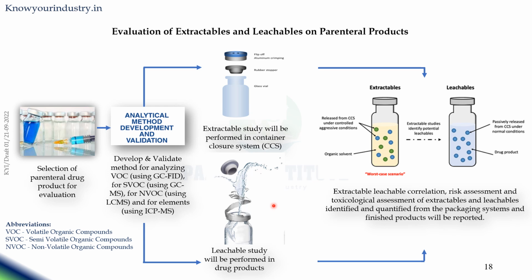This stored finished product, with the age of 6 months, 12 months or 18 months, will be used for the leachable study by using the same analytical method with the same AET and SCT, to see whether you are finding any leachables or not. If you find any leachables, you can correlate with the extractable profile.